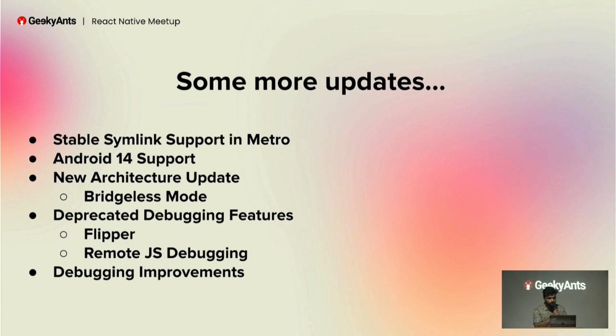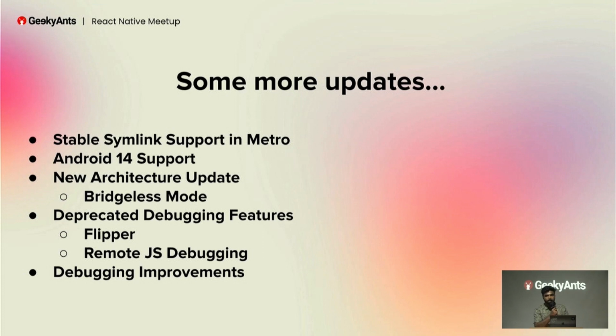Symlink support is now enabled by default, which brings improved compatibility with monorepo setups and reduces the performance overhead during bundling of React Native applications. Support for Android 14 has been added, with some updates to Java and Gradle on the Android part.